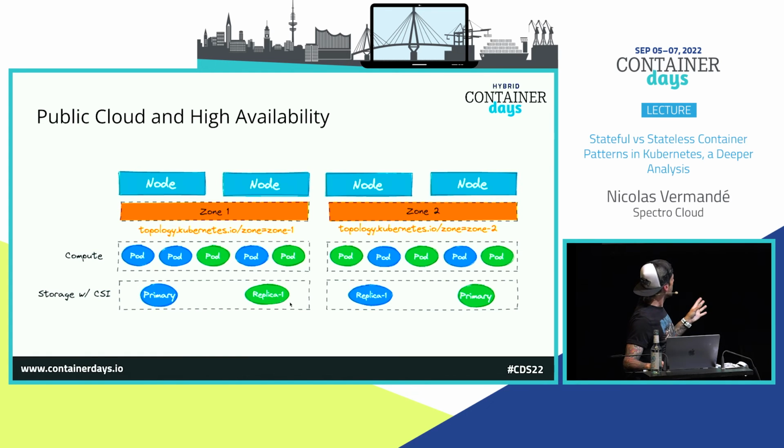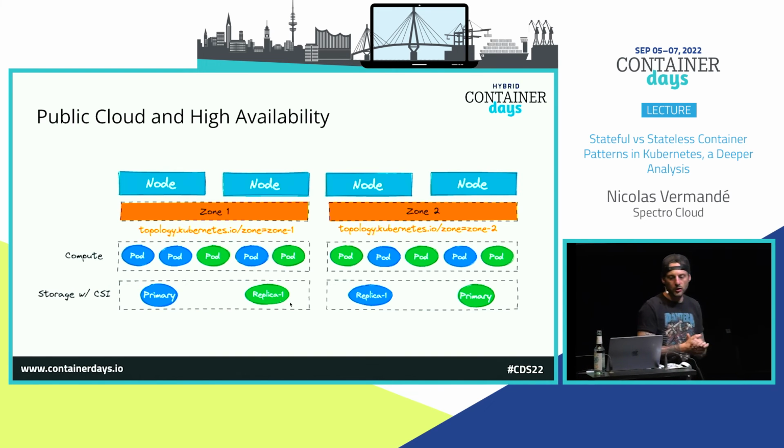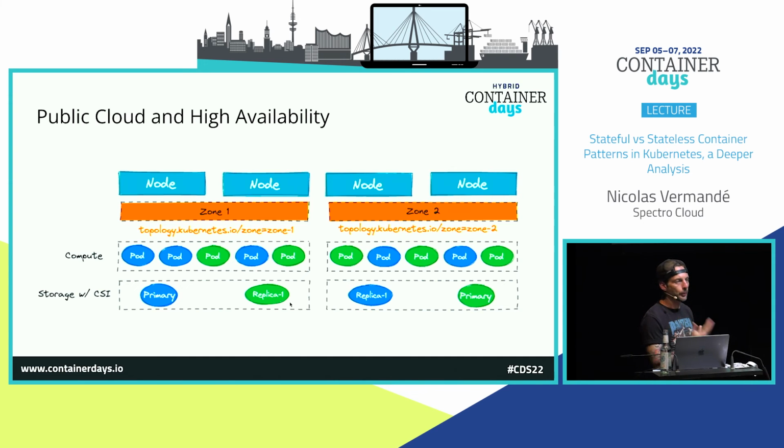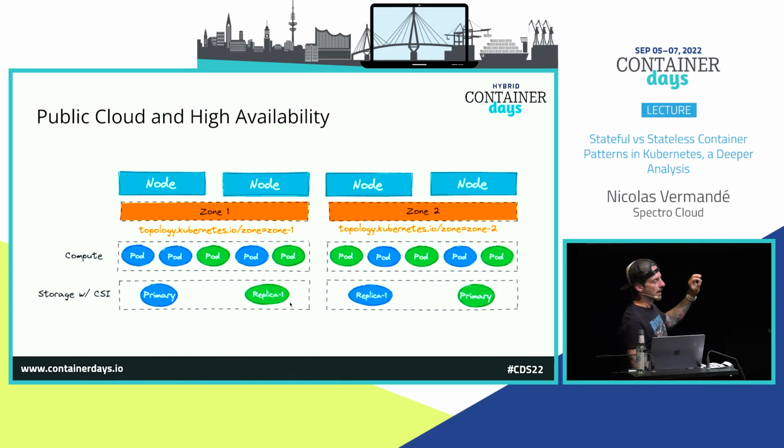And then this is the last one. This is more about building your cluster in the cloud in different availability zones to guarantee high availability across different regions. So typically, in terms of compute, you can control the topology.kubernetes.io label. You can define zones.